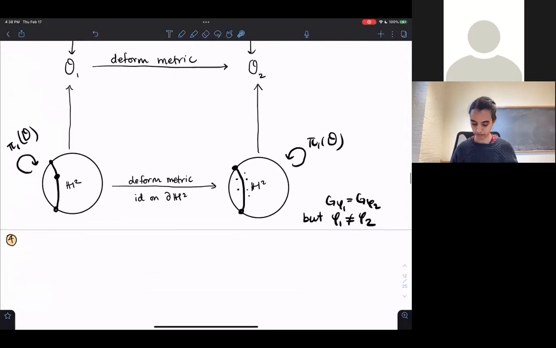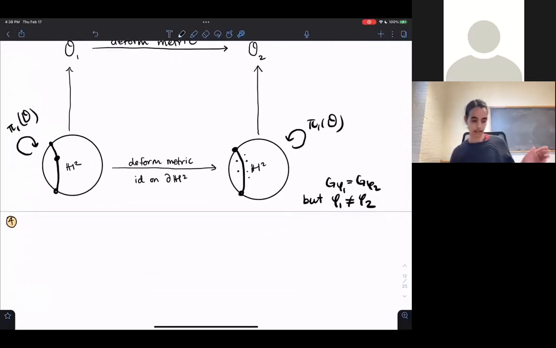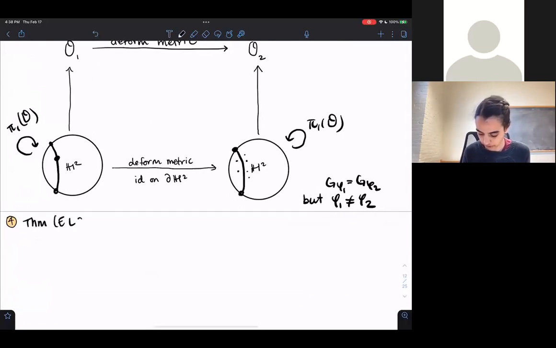So now let's share our results, from Erlandsson, Leininger, and myself. The theorem is that this is the only exception.